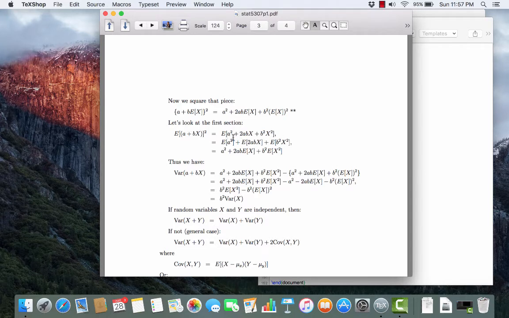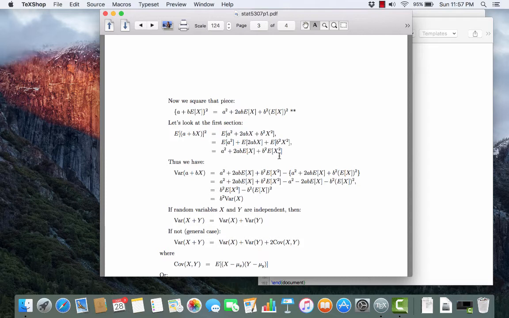So that's going to be a squared plus 2abx plus b squared x squared. So you can do the FOIL or whatever method you use. Now you apply your expectation operator. So you've got E of a squared plus E of 2abx plus E of b squared x squared. Okay, so you apply that, you've got a squared plus 2ab E of x plus b squared E of x squared. All right, so that's your first piece.